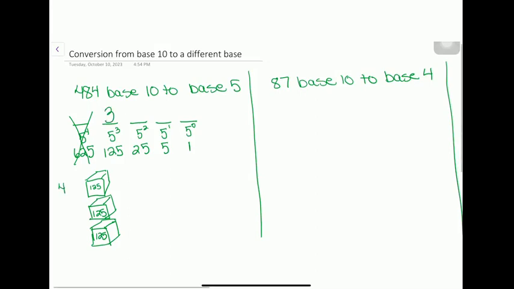So if I take 484 and I subtract off 375, which would be those 3 boxes of 125, I would have 109 left that I need to package. So I can't use any more 125 boxes. So now I'm going to take that 109 and see how many boxes of size 25 I can package.